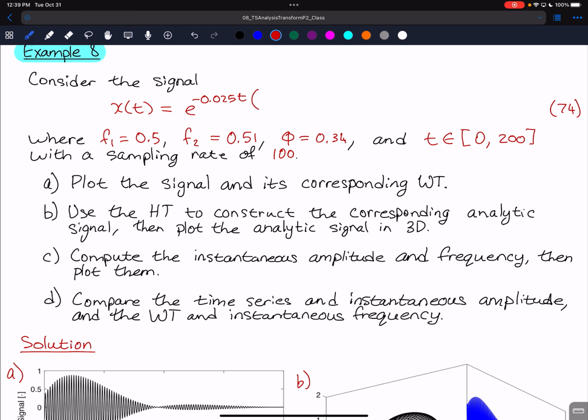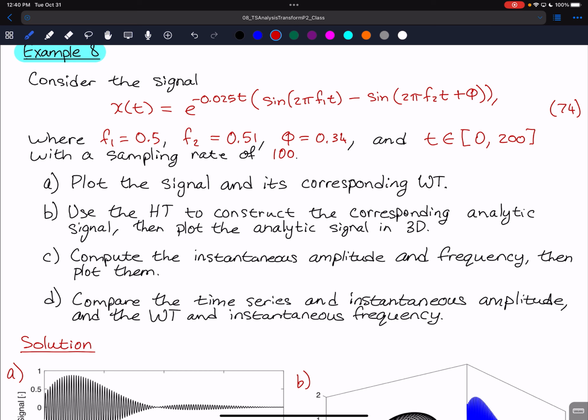And times the sine of 2 pi times f1 t minus the sine of 2 pi f2 t, and plus some phase phi. And here, although there are two frequencies in this signal, they are extremely close to the point that in this kind of application, the Hilbert transform sees that it is a single frequency.